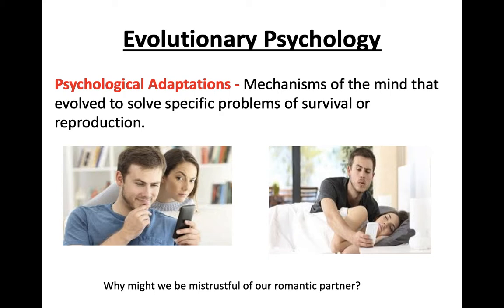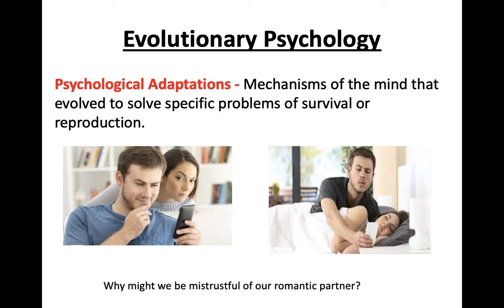In the picture on the right side, same thing. Why would there be this mistrust? Why would there be this jealousy? Here, the male of the species, I should have used parental certainty in this case. He needs to know that it is his genetic information that is getting passed on and not somebody else's, so that whatever offspring will be produced is his.